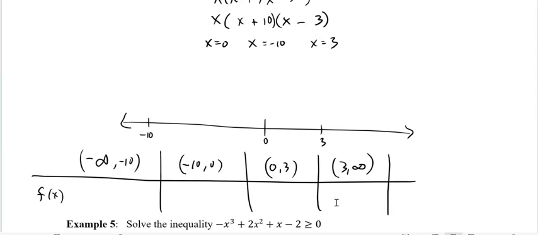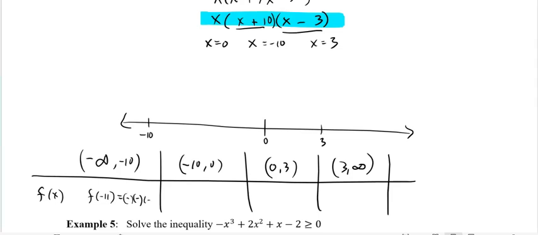So if I plug in something back here, I think it'd have to be f of -11. Or -12 or -13, anything you want, -100, and I plug it into this function right here, my factored form. So f of -11, I don't really care what that is. It's a negative value times -11 plus 10 is negative. -11 minus 3.